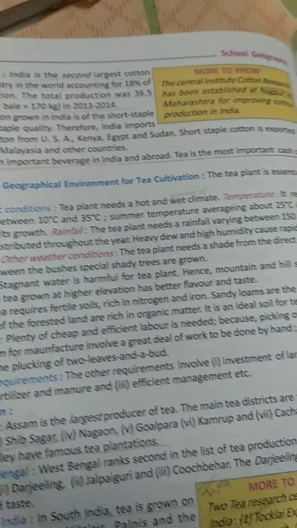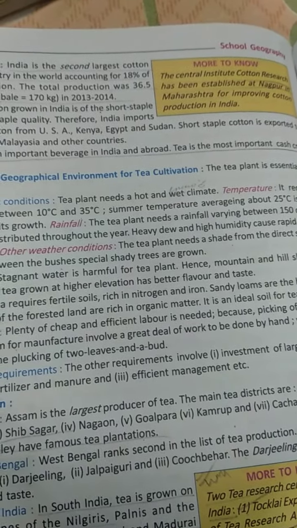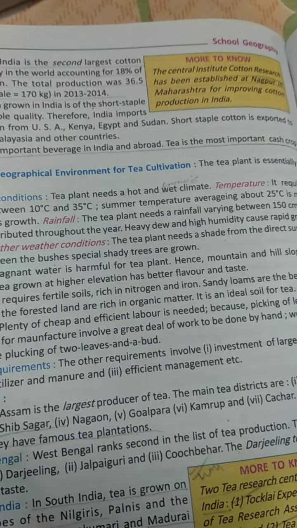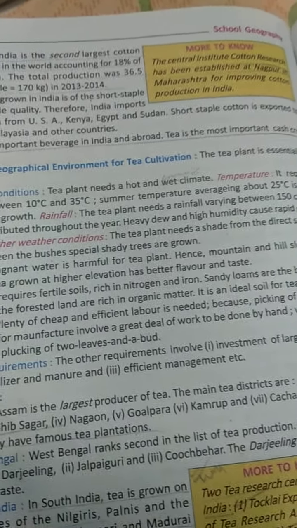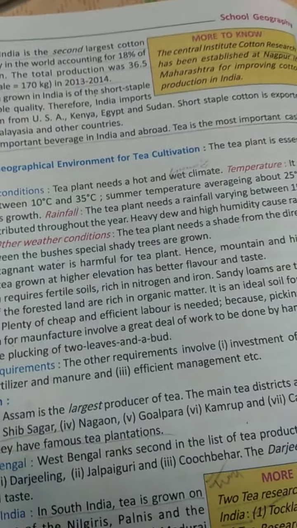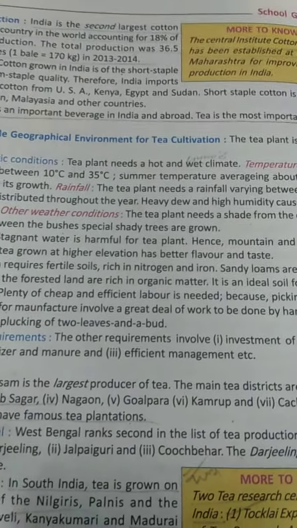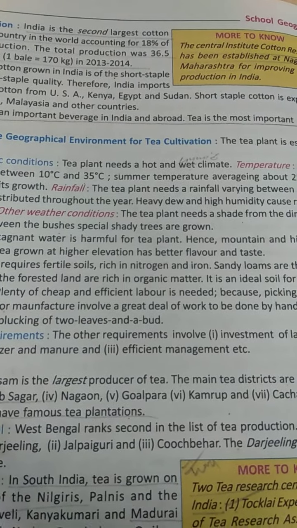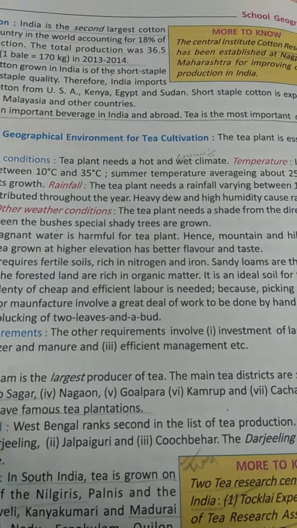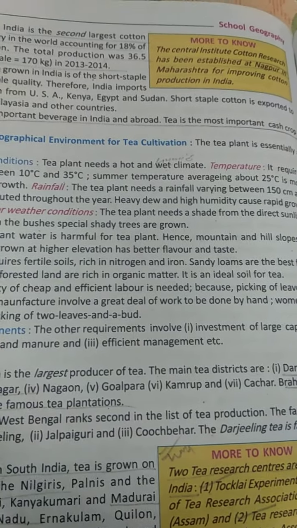Regarding rainfall, from 150 centimeters to 200, and it should be well distributed throughout the year. That means not only one part of the year is getting rainfall; the rainfall should be evenly distributed throughout the year. Heavy dew or high humidity causes rapid growth in the new leaves.